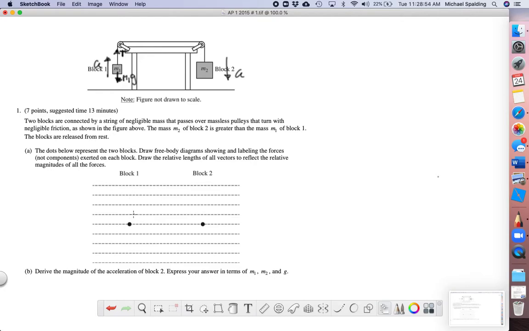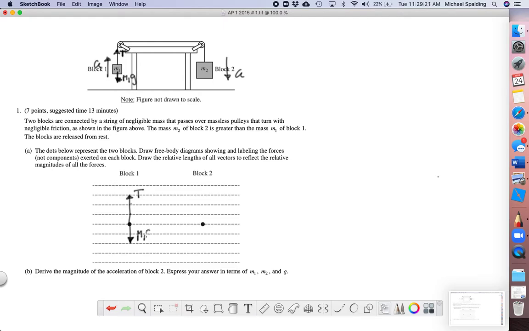So let's draw that over here on our free body diagram. Let's draw this upward 3 grid lines: 1, 2, 3, and we're going to label that T for tension. Now, in order for block 1 to have that upward acceleration, it must be bigger than the downward force of gravity, so I'm only going to draw that 2.